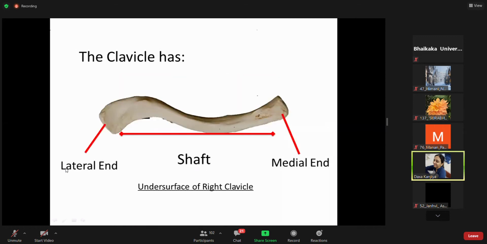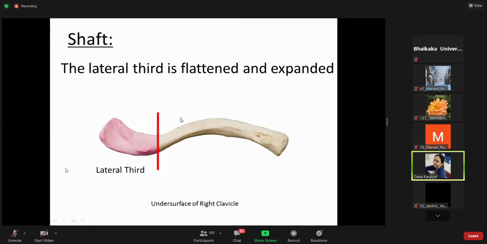Now here you can see the parts of the bone. The clavicle has a lateral end, medial end, and the intermediate shaft. And the shaft is divided according to the curvature. If you see, the medial two-third is convex anteriorly, and the lateral one-third is concave anteriorly.